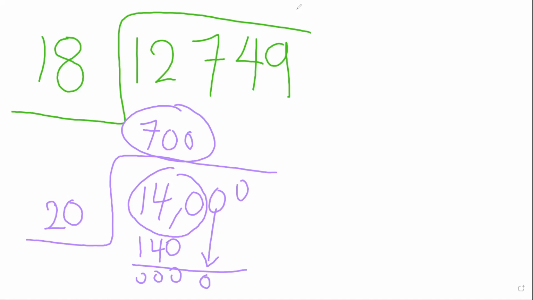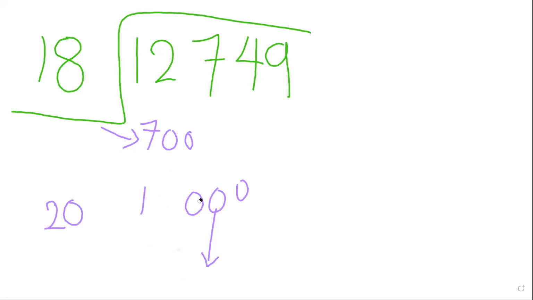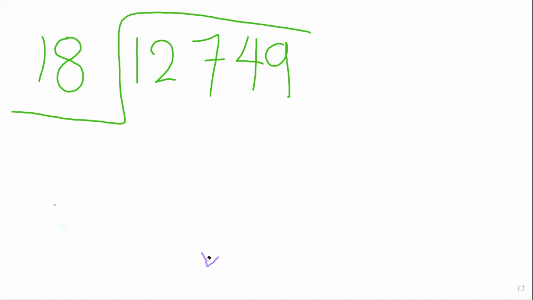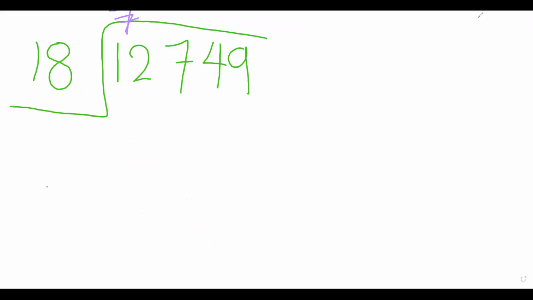Okay. Now remember, what is the first digit here? 7. So this 7, after I estimated by the compatible numbers, I will put this number 7 up here in order to start dividing.